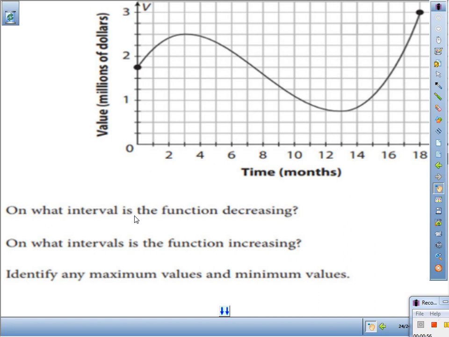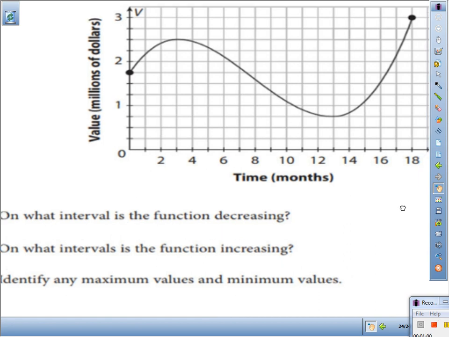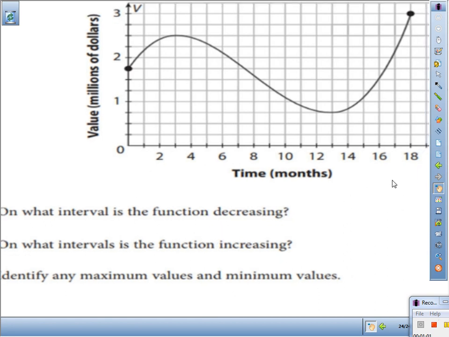So with that said, first question. On what interval is the function decreasing? When they're talking about this, they're usually talking about the domain or the x value. Look at it. On what interval is a function decreasing? Talk it over to your neighbor. Let them know between what two values it is decreasing, please.